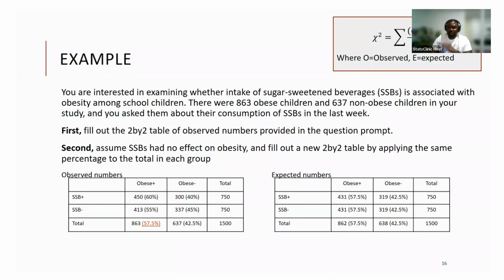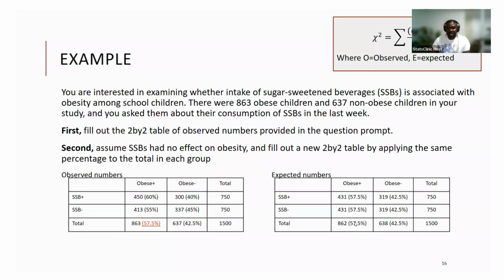This approach of the chi-square implements the test in 3 steps. Step 1 is to fill out the 2x2 table of observed numbers. Step 2 is to fill out the 2x2 table of expected numbers. And the way that we usually fill out a 2x2 table of expected numbers is to, one, assume that there is no effect.